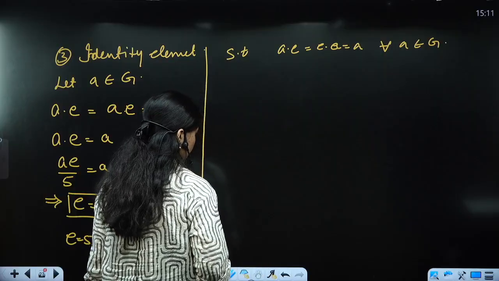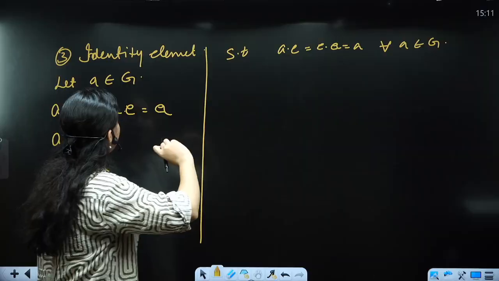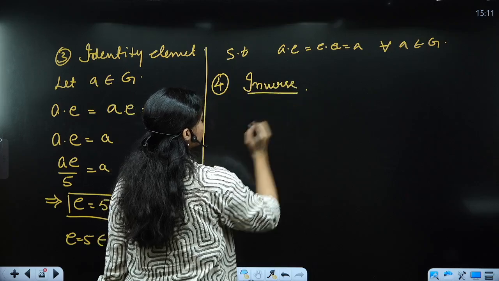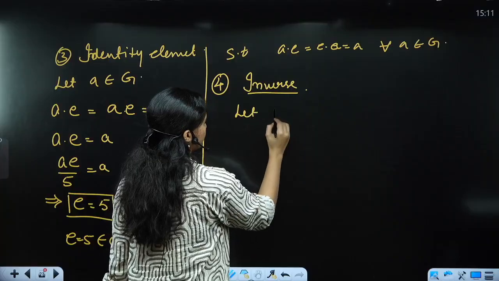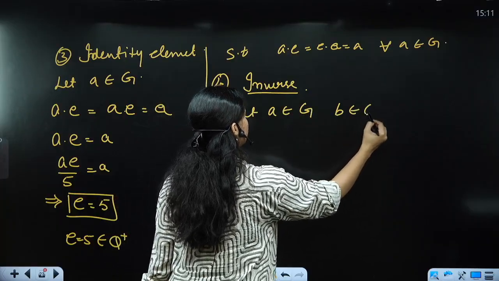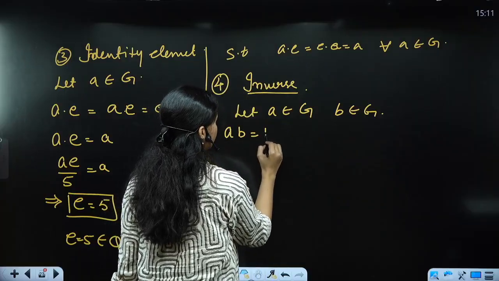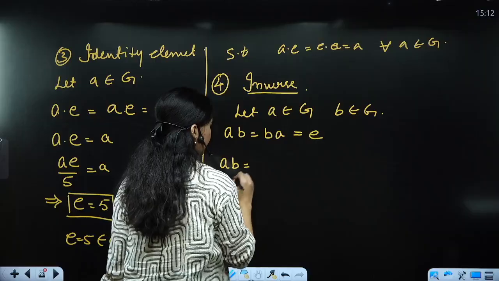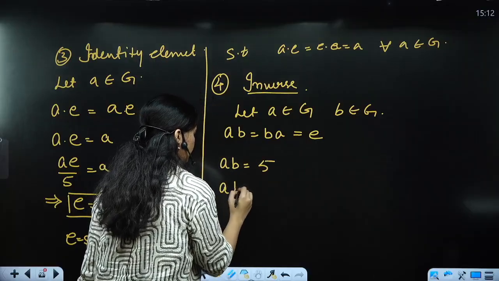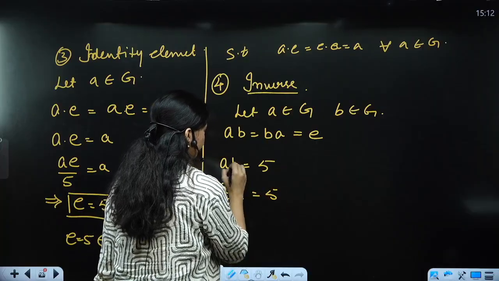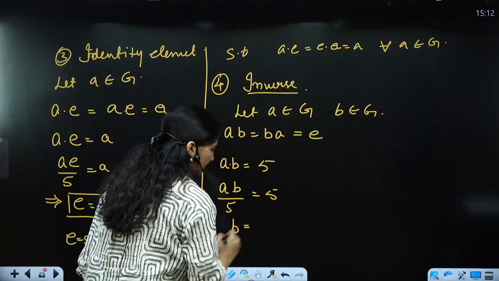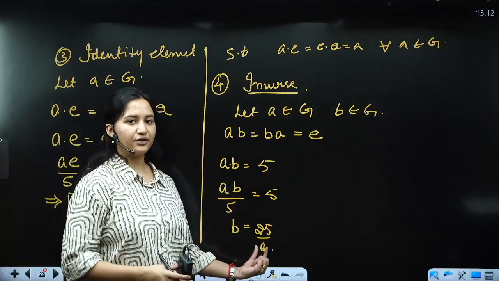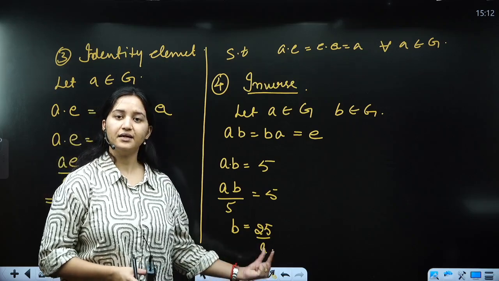All right. Now finally you have to check for the inverse element. Now let a belong to G and b belong to G as well, such that a ∘ b equals b ∘ a equals the identity element. So a ∘ b equals the identity element, which is 5. So ab upon 5 equals 5, right? Now what is the value of b? The value of b is going to be 25 upon a. So again you can see that it's a set of all positive rational numbers. That means this can never be a not defined number.